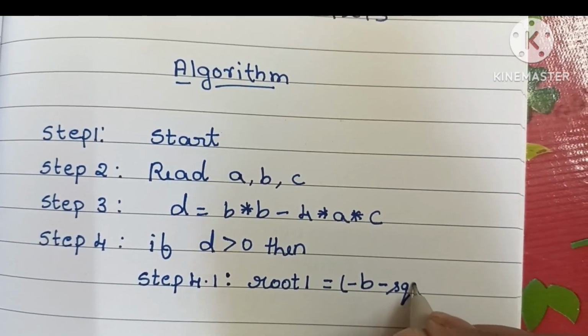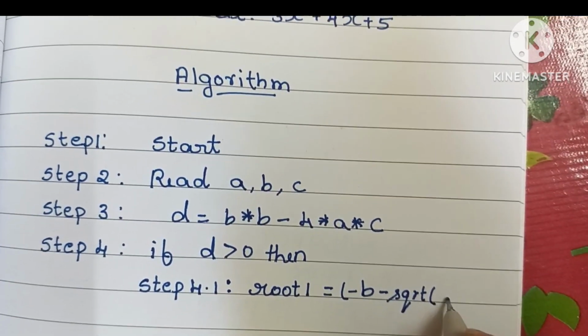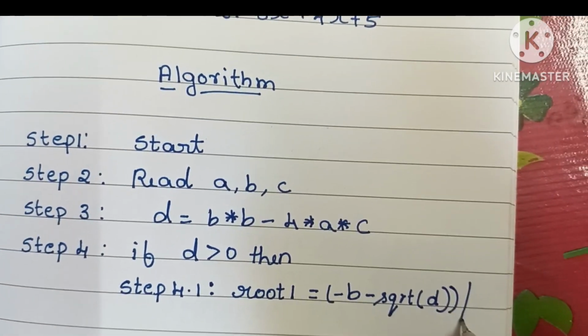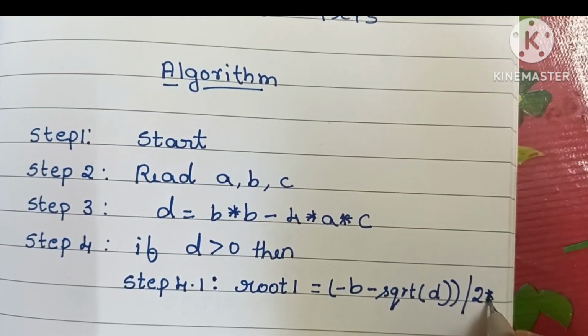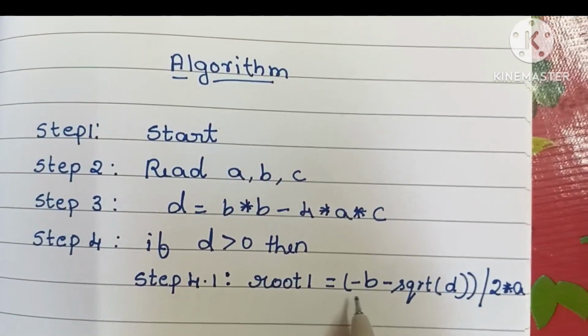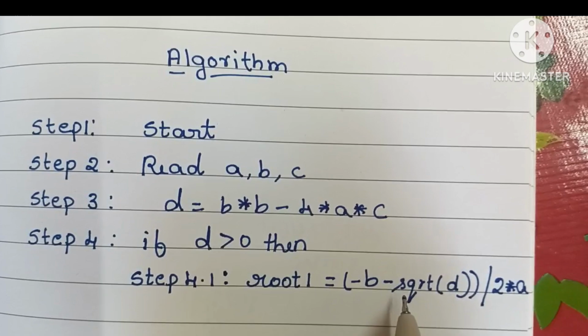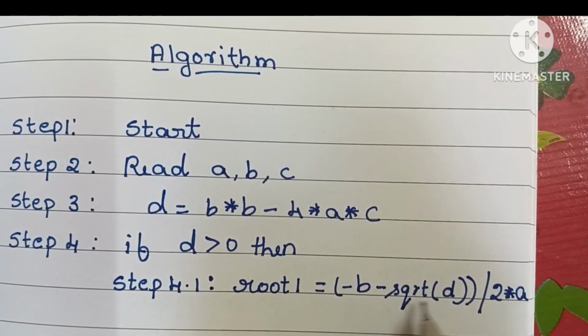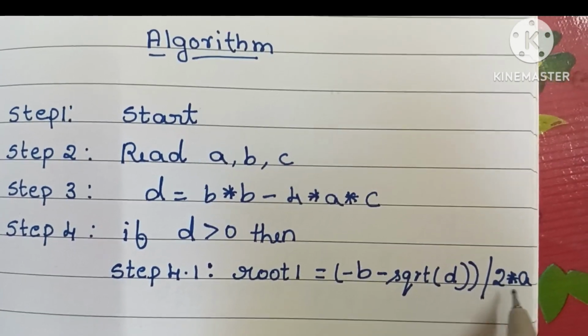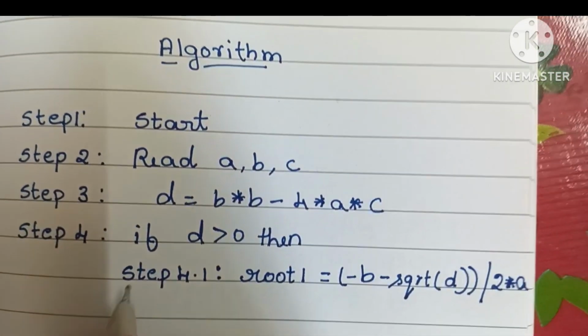We have to find the square root of the d value, divided by 2 into a.